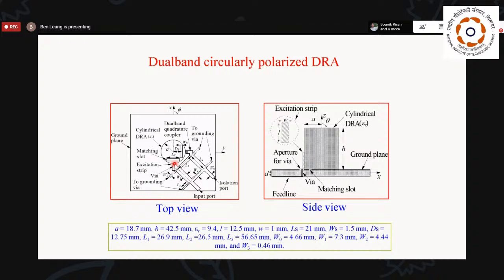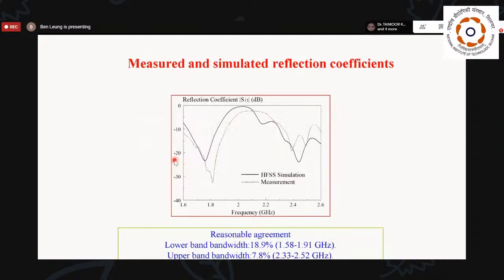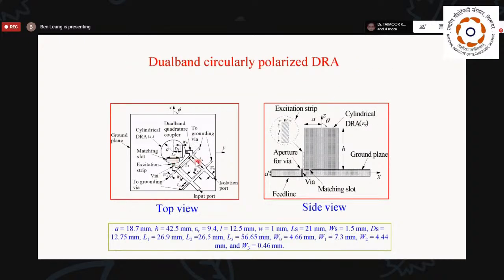To obtain a CP design, we have another feed for the DRA with 90 degrees phase change and 90 degrees angular displacement. And here we have a dual band hybrid coupler. Now with this dual feed, we can obtain a CP design. These are the parameters of the design.